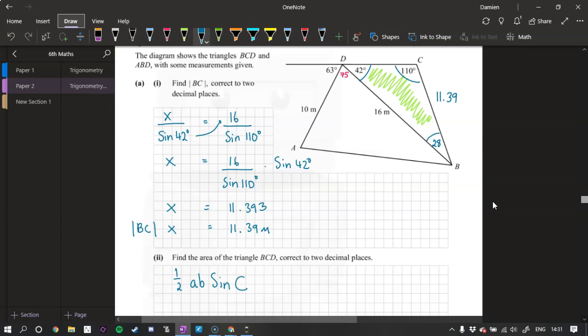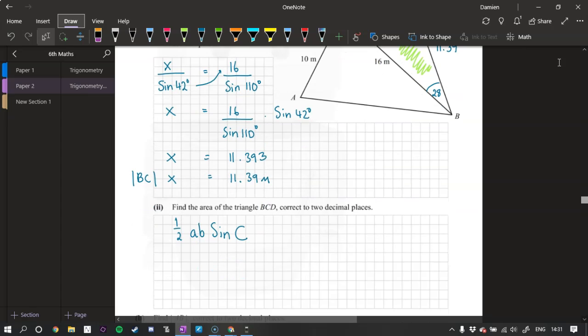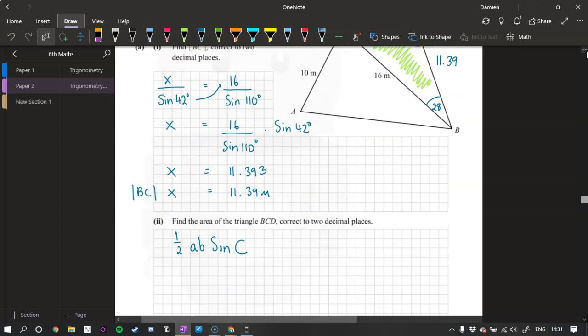What's important when you're finding the area of the triangle is that you have to have the angle and the two sides that are surrounding it. So in this particular one, I would use 16, I would use 11.39, and I would use my angle of 28. So we're going to go with 1/2 ab, so it's 1/2 times 16 multiplied by 11.39, and multiply that by the sine of C, which is 28 degrees.